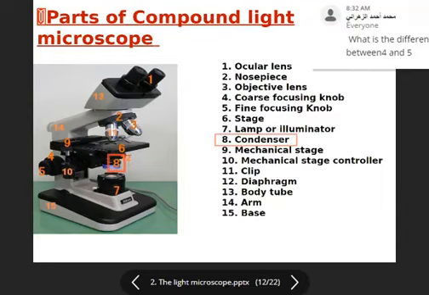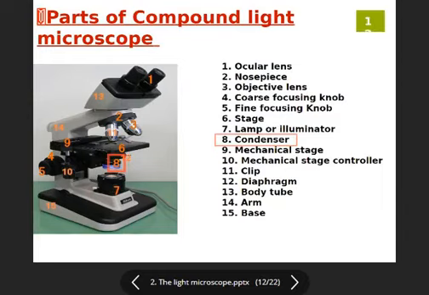The difference between number 4 and number 5 is that both of them move the slide up and down, but number 4 is coarse. That is, when you use number 4, the slide will move up and down fast. Number 5 is fine.